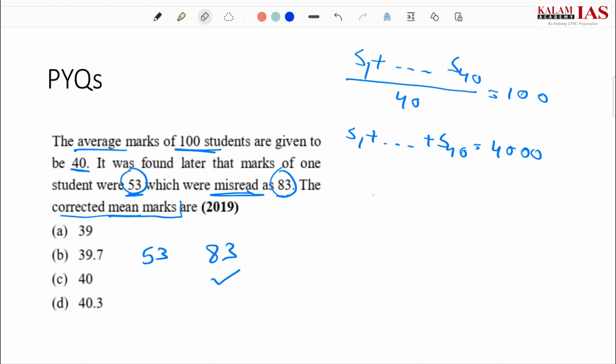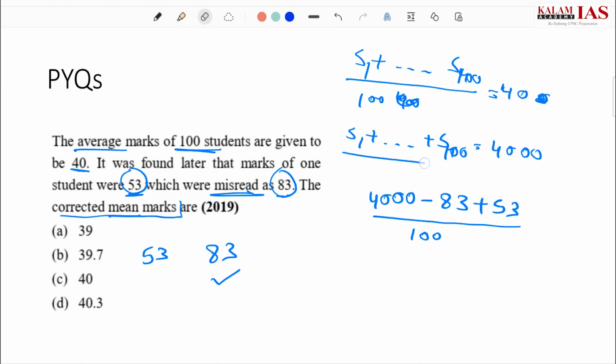So what we can do is reduce 83 and add 53. उस एक बच्चे का स्कोर हम सही करेंगे and वापस उसको 100 से डिवाइड करेंगे. सॉरी ये मिस्टेक हो गया, यहाँ पे स्टूडेंट्स 100 है, एवरेज is 40 marks. So it will be S1, S2, S3 till S100 and we'll have 4000. This is correct when we cross multiply.